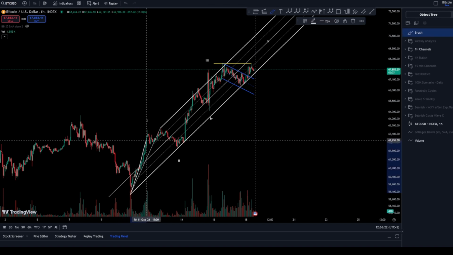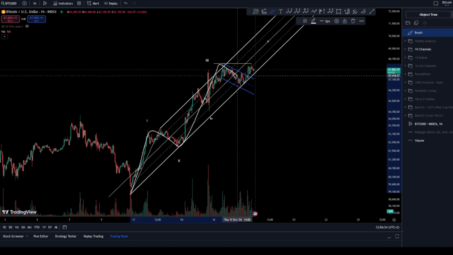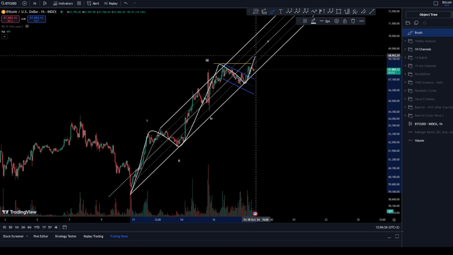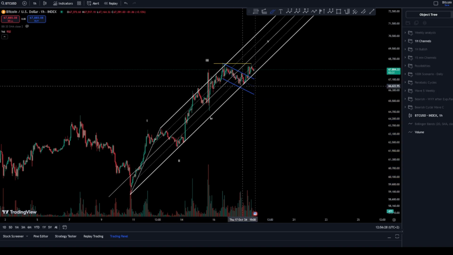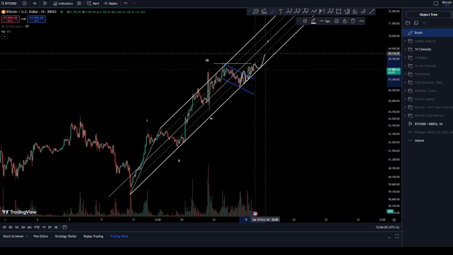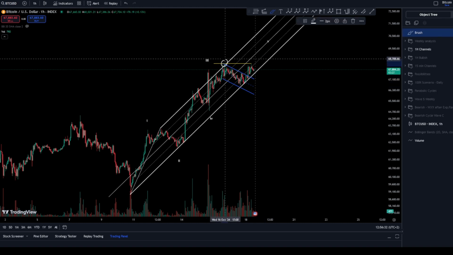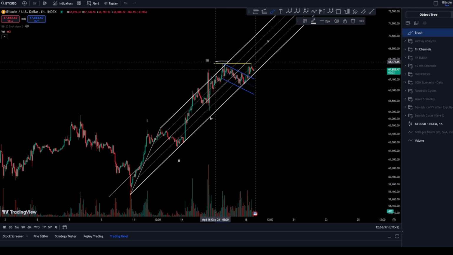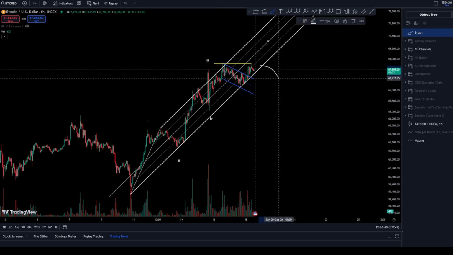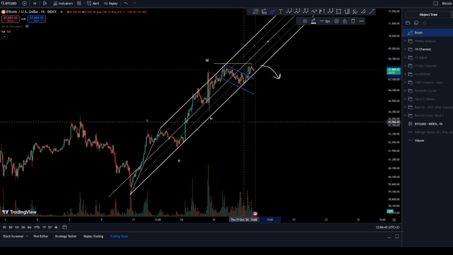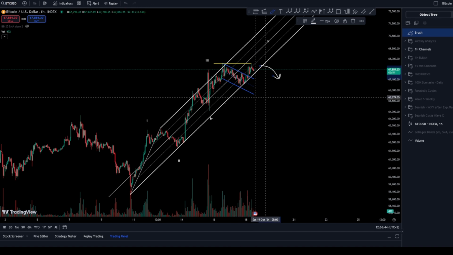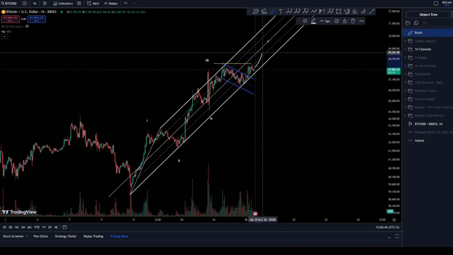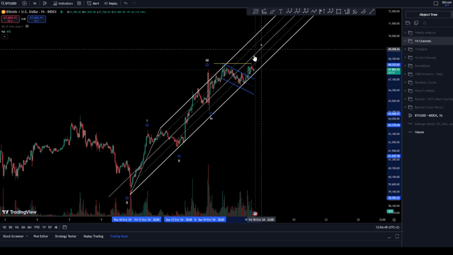It might be a diagonal as 1, 2, 3, 4, 5. However, it is preferable that you still have one more wave towards the upside to take this high here. Otherwise, this is a truncation, guys, and this means a reversal. Okay, this is a signal. In that case scenario, we want to have one more wave 5 towards the upside.